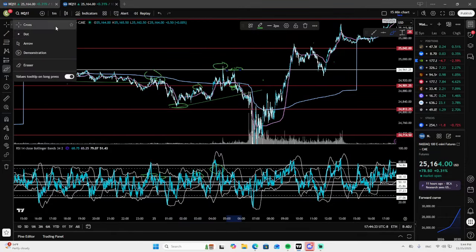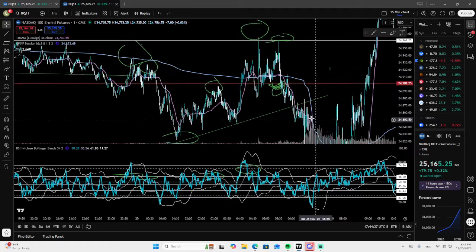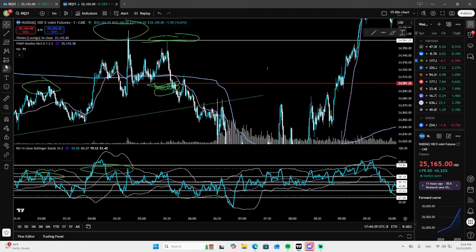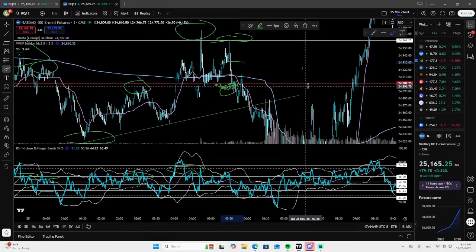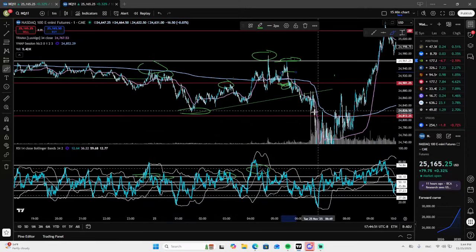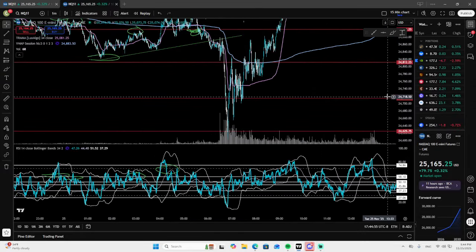In this case scenario, it would be like right around this area, right? At like 929. And then you're risking about 30 points, and you're able to catch this big dump to the downside.